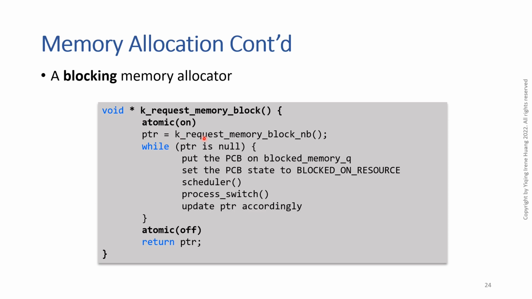And if we find the memory, we just return, exactly the same behavior as the non-blocking version. But if we don't find any memory, then we have to do something about the process that called request memory block. We need to block it, and we can leave this part to part B.